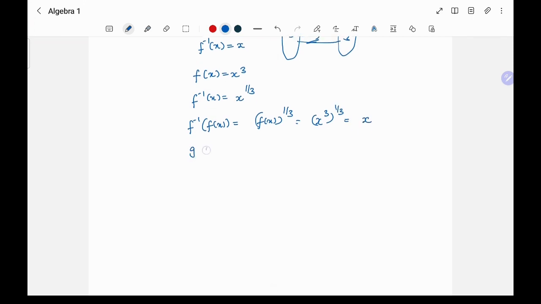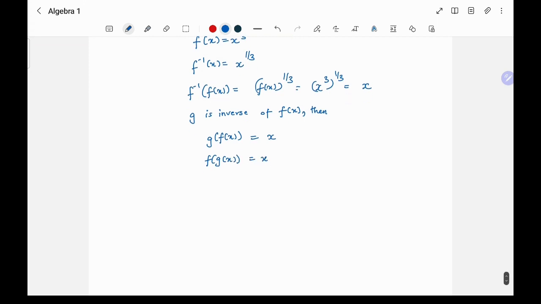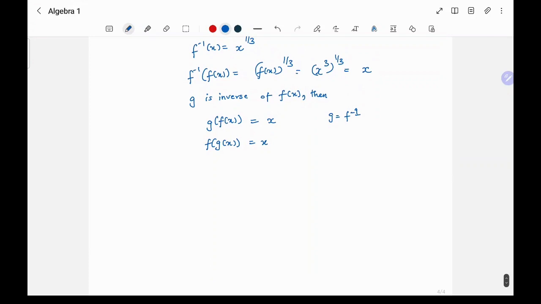So if g is the inverse of f, then what do we have? g of f of x is equal to x, and f of g of x should also be equal to x, correct? If these two conditions are satisfied, then g is equal to f inverse.